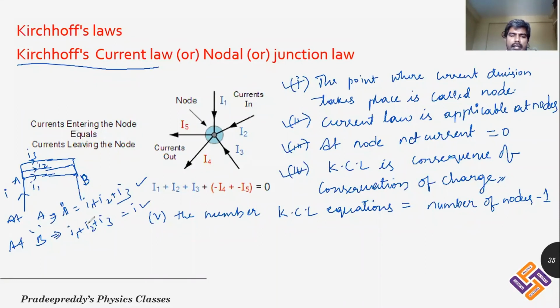As these 2 are identical, you can simply say that the number of KCL equations you are able to write in that circuit is equal to number of nodes minus 1. If 3 nodes, you can write 2 KCL equations. If 5 nodes are there, you can write 4 KCL equations. If 10 nodes are there, you can write 9 KCL equations. So that is one more important point concerned with Kirchhoff current law.